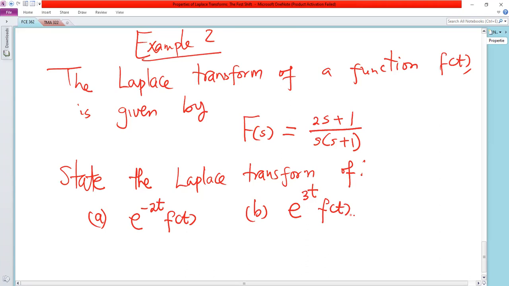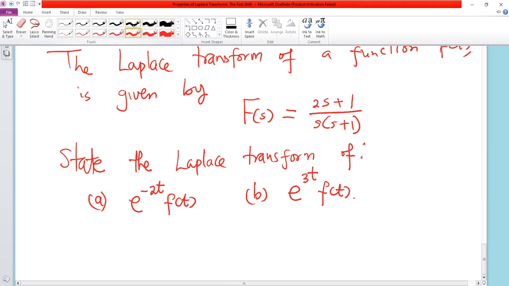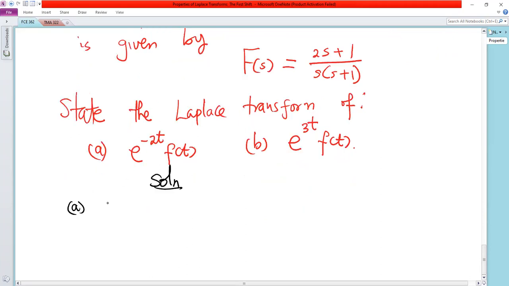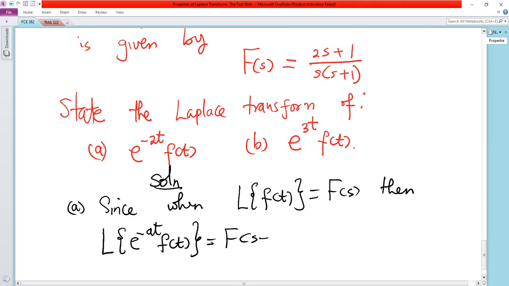Now, the first part, a. So since when Laplace transform of f of t is given by capital F of s, then Laplace transform of e raised power minus at times f of t is given by capital F of s plus a.